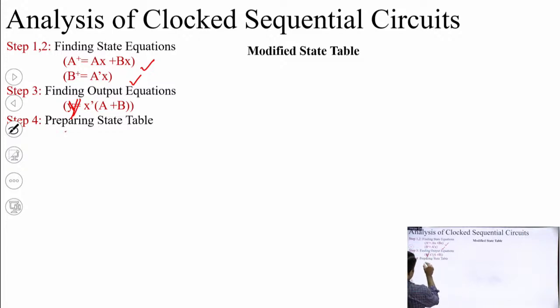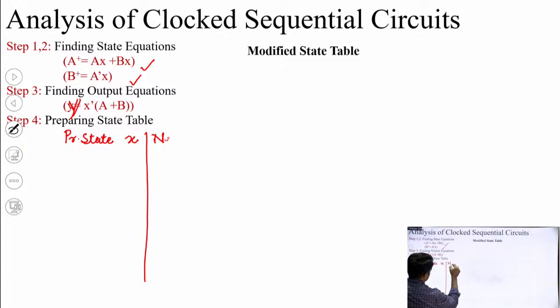State table means present state, which will change according to the input X, and we will get the next state and the final output, which is denoted by Y. Again, the present state is denoted by A, B, and the next state is denoted by A plus, B plus.